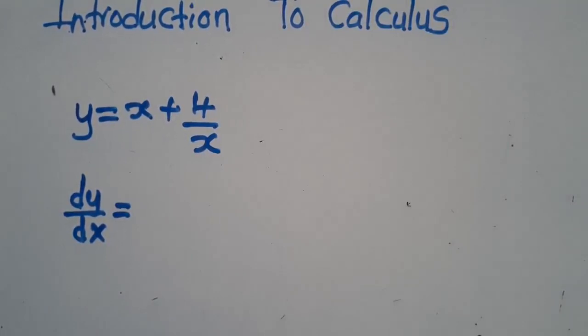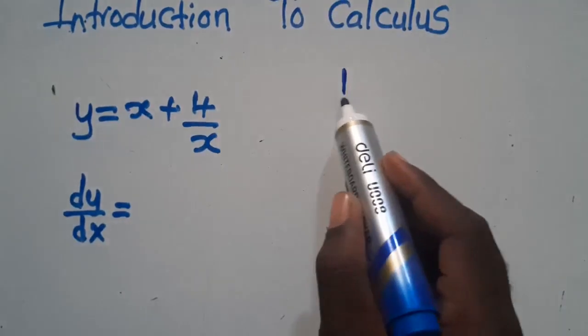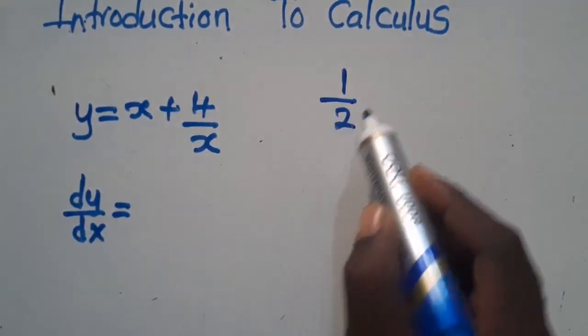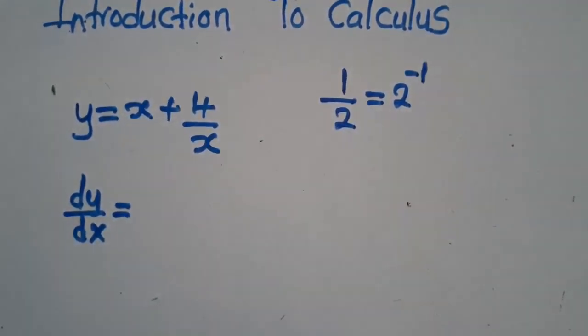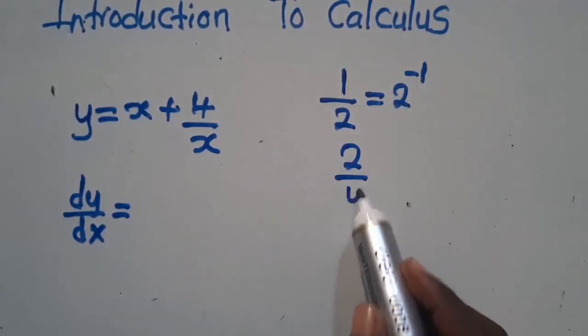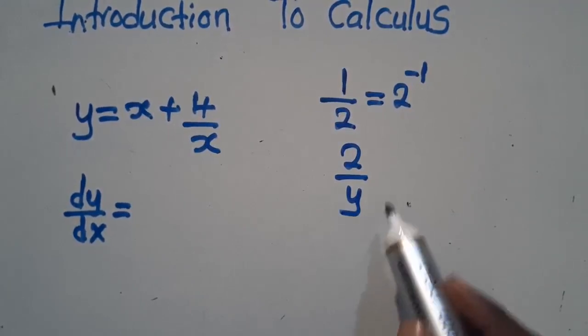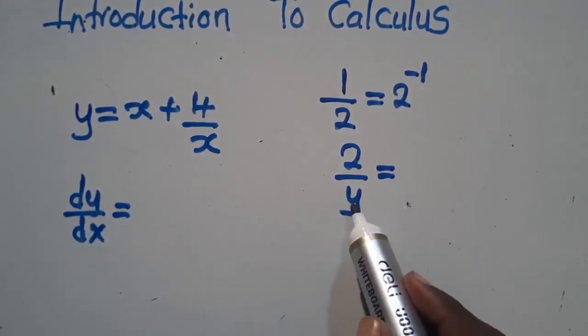Yes. If you are given a question, by the laws of indices, 1 over 2 is just the same as 2 to the power negative 1. These are the laws of indices. If you've got a number like 2 over y, if you are to write this in negative index, this y comes on top.